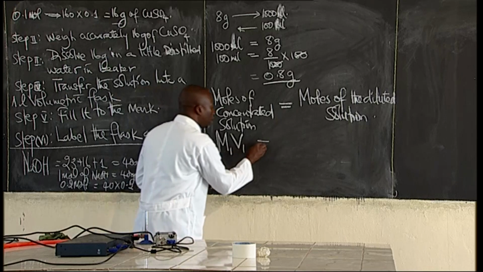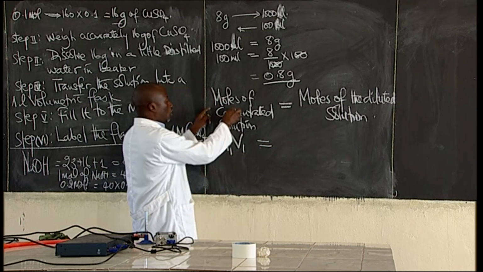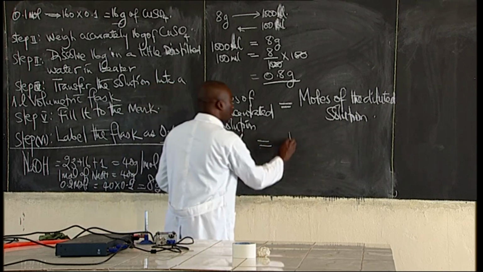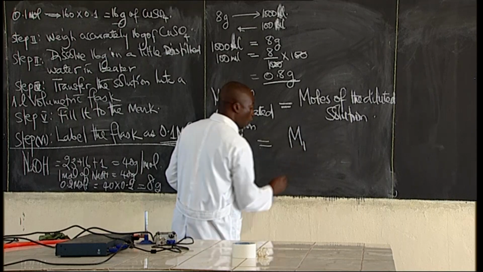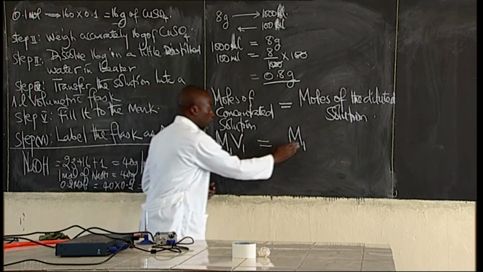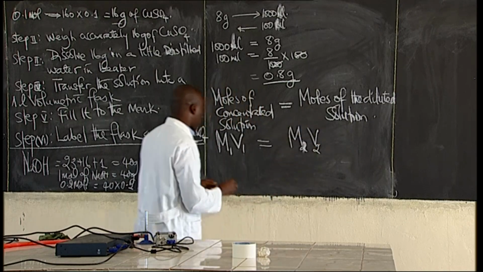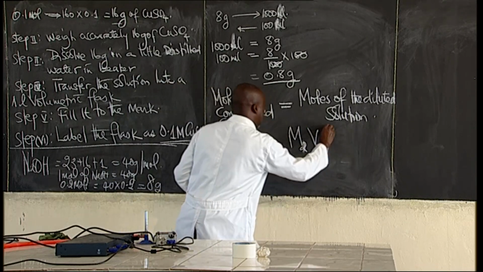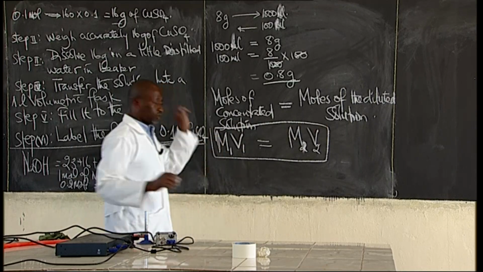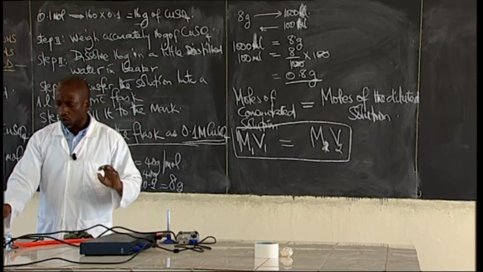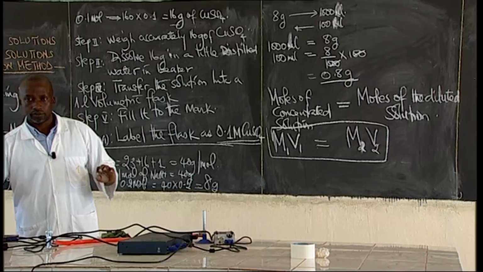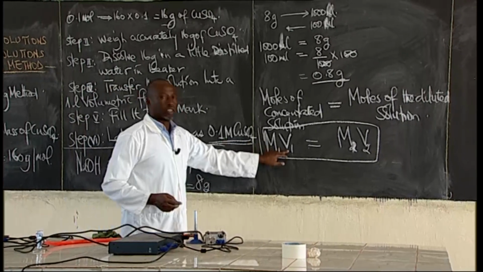This is the moles of the concentrated solution, and it is equal to M2, because it has changed, M2, V2. This is what you are expected to recall always. M1 V1 equals M2 V2.